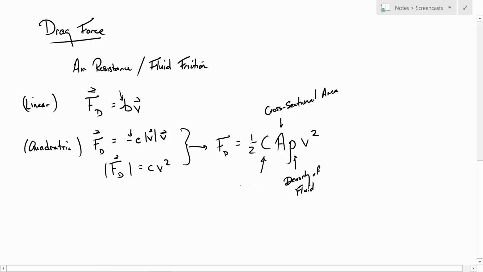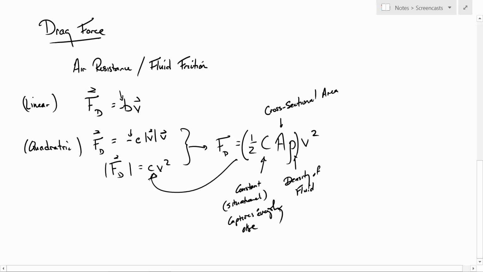And then there is some situational constant that captures everything else, and you'd basically have to demonstrate that experimentally. There's no easy way to get around that. So the idea is that this whole 1/2 C A rho thing is this constant here. All of these are constant for any given situation. They're just trying to break apart, in terms of parameters, what could matter.